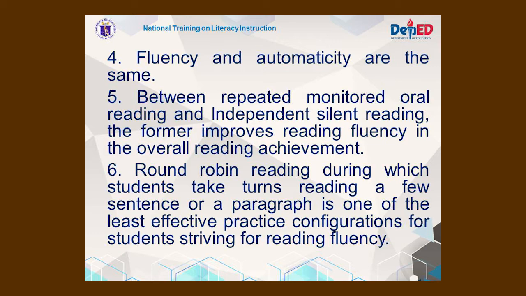Number five, between repeated monitored oral reading and independent silent reading, the former improves reading fluency and overall reading achievement. And the last one, round-robin reading, during which students take turns reading a few sentences or a paragraph, is one of the least effective practice configurations for students striving for reading fluency.